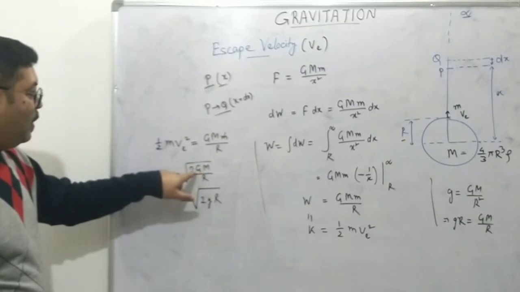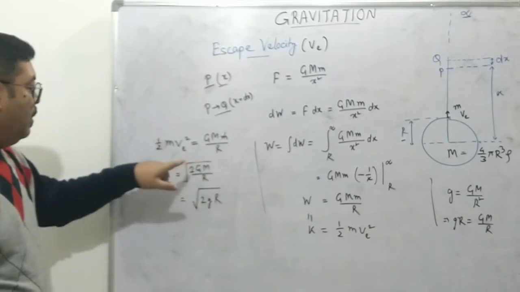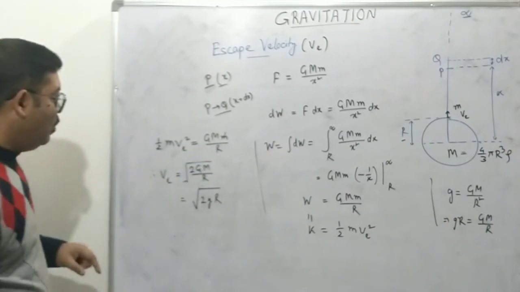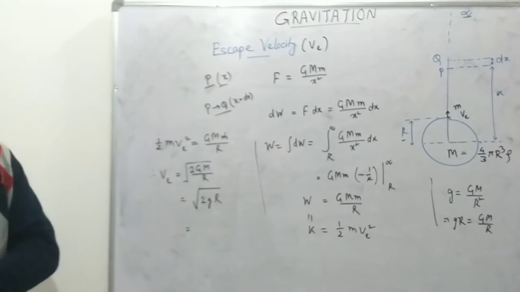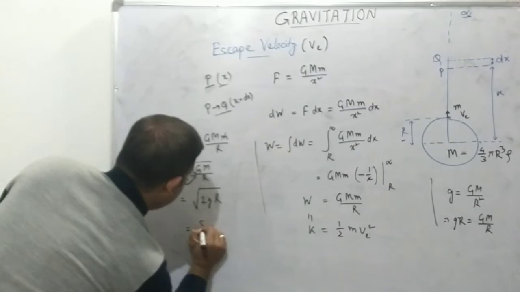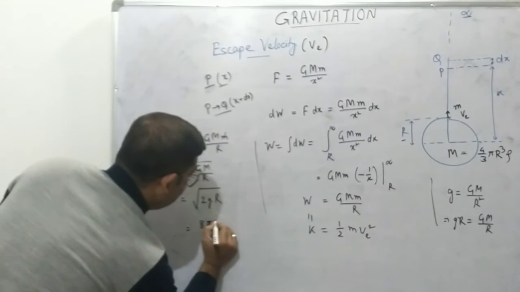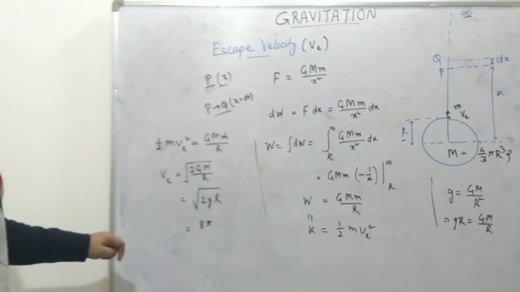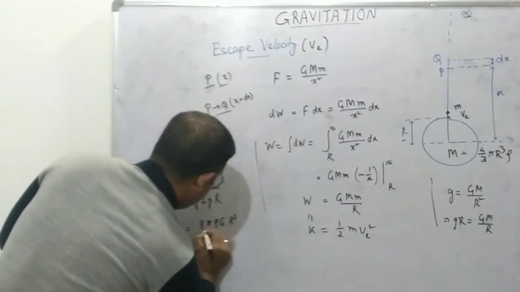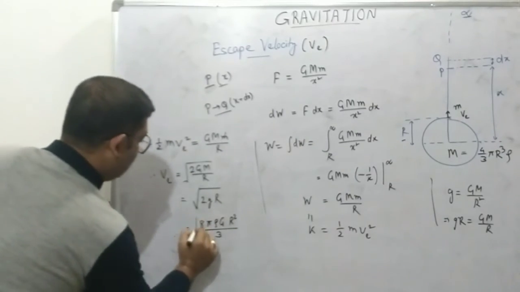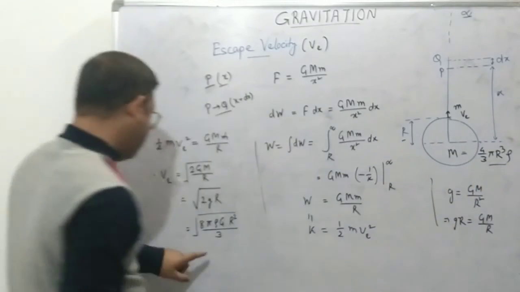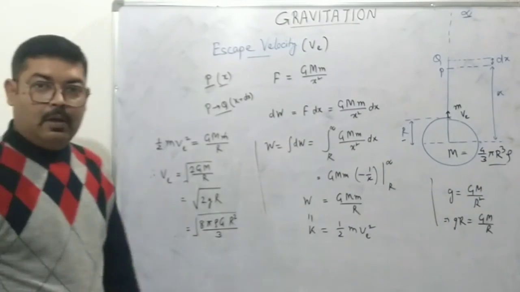So if I substitute that value here, with r in the denominator, we can rewrite this as, instead of 4 it will be 8, 2 into 4, that is 8 pi rho G r squared divided by 3. You substitute the value of M and you will get this expression.